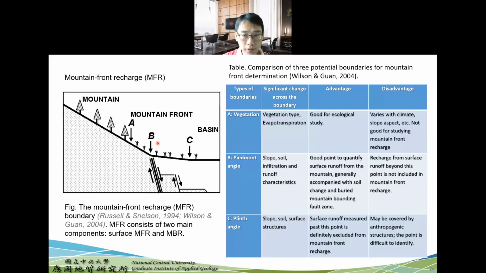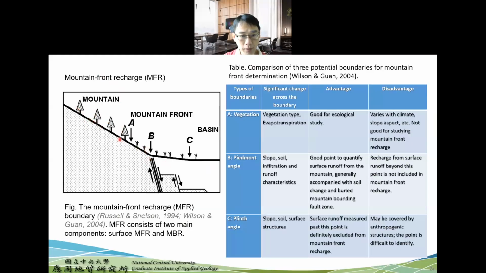So we have several terms here: mountain front recharge and mountain block recharge. Mountain front recharge is the water that comes from the slope areas like this.